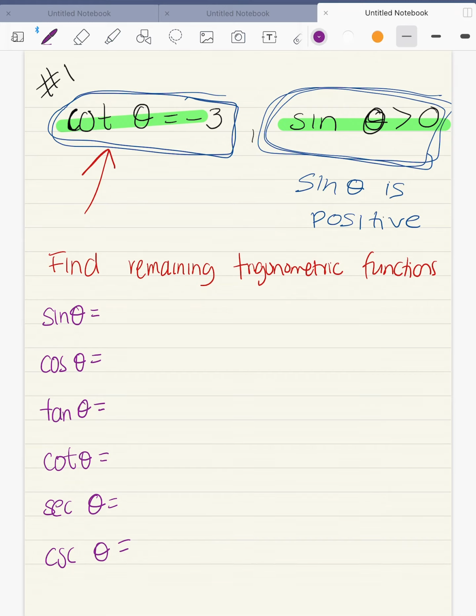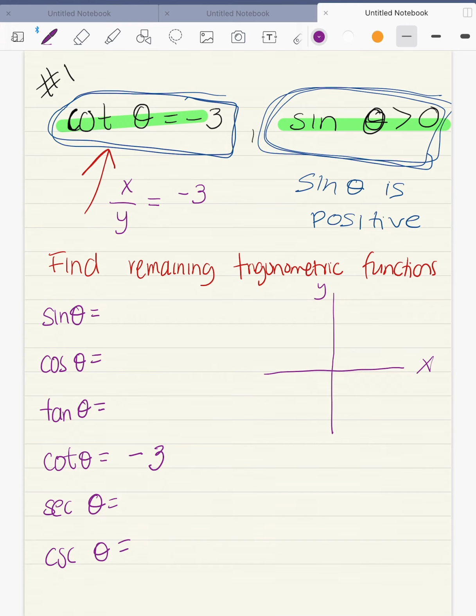Okay, we know that cotangent equals -3, so I can put that there. Cotangent is -3. I'm gonna do my xy plane, so I think if we do that, it's easier for us to solve it. Cotangent is x over y. So that means that x over y equals -3, because it's given.